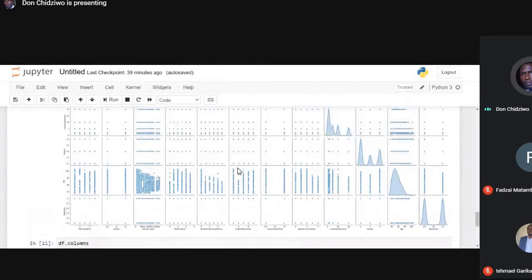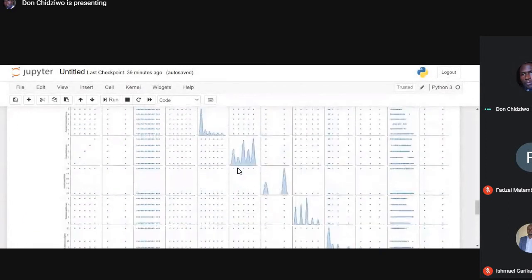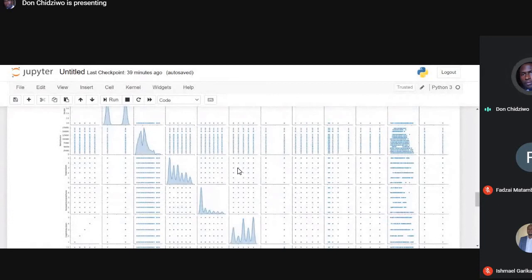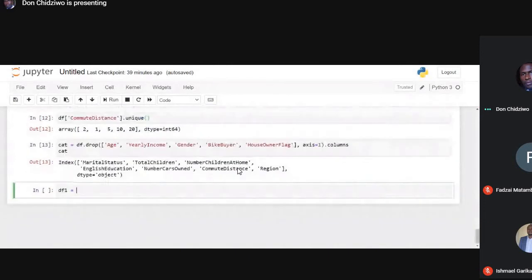Then let's look for salary, yearly income. Can you see how it is? If they were numeric, can you see what it shows us? These are all categorical. So based on this, I want to apply one hot encoding.